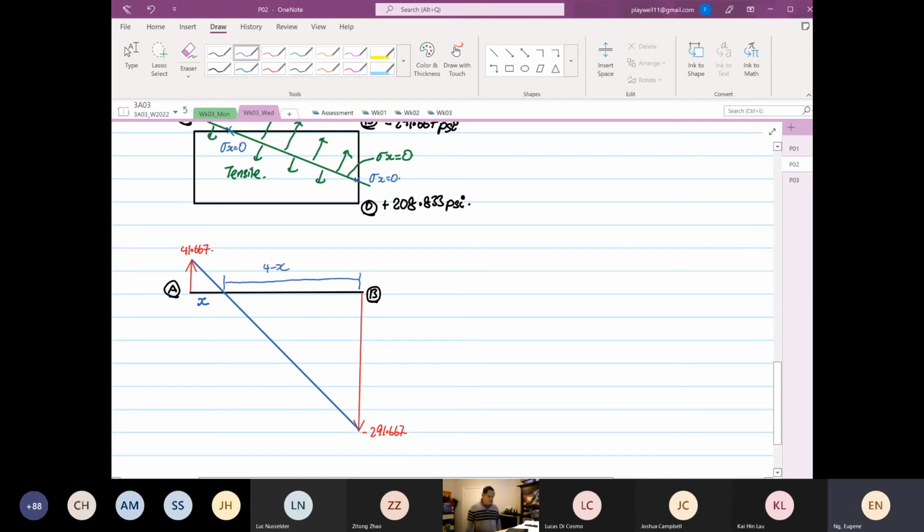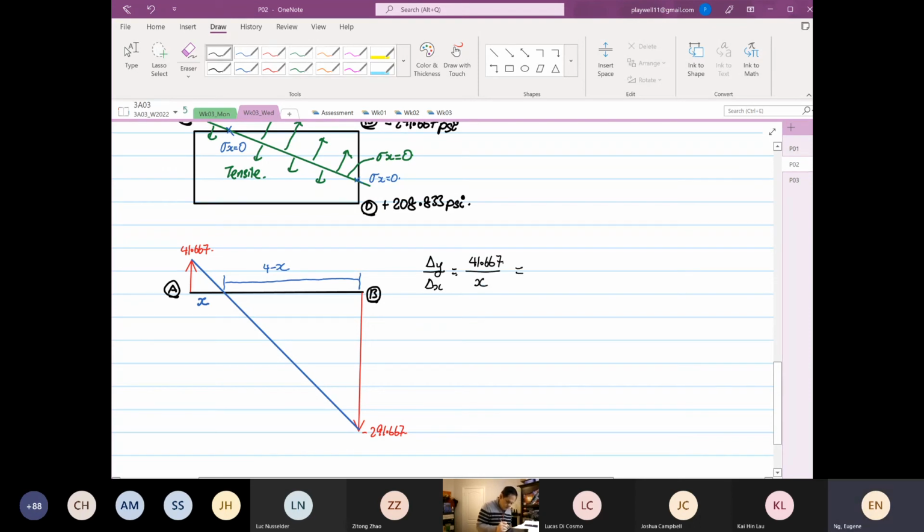Okay, so they all share the same gradient, right? So we know the change in y over the change in x. So you can form one equation. So it's 41.667, that's a change in y, over x.